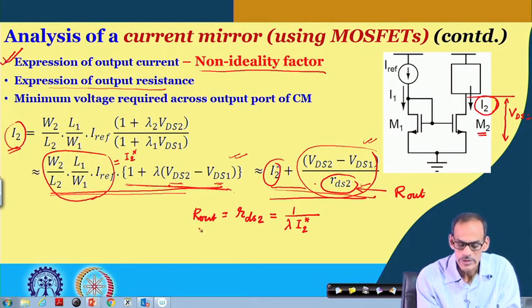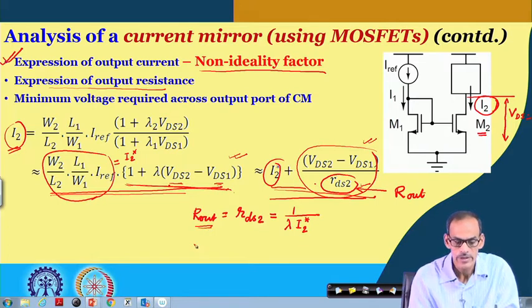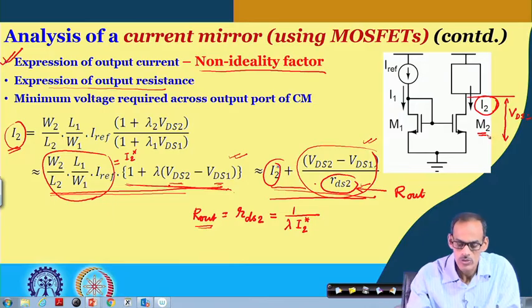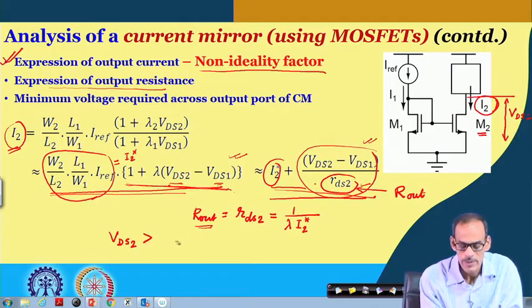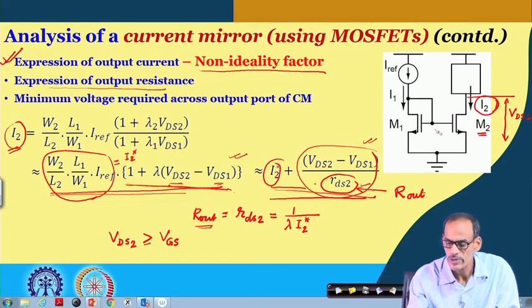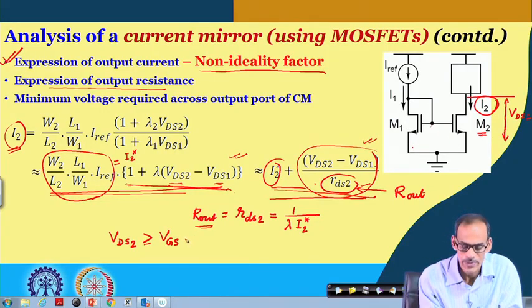So, we get this resistance high only when, as I said, the transistor is in saturation, and to do so we require the VDS to be sufficiently high, namely it should be higher than VGS, where VGS of 2 and VGS of 1 are both the same, minus VTH.